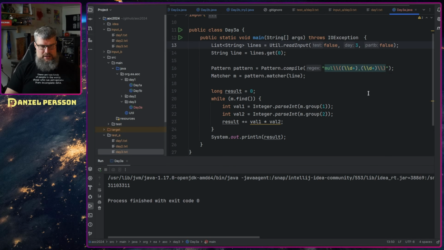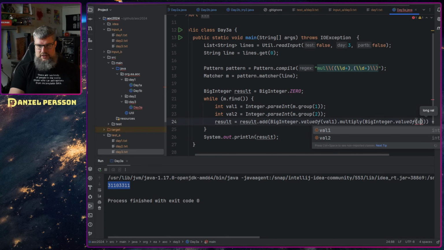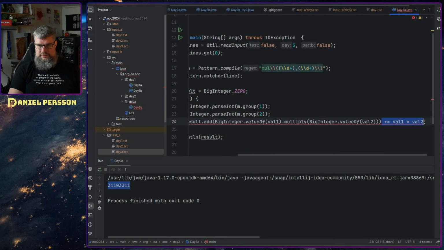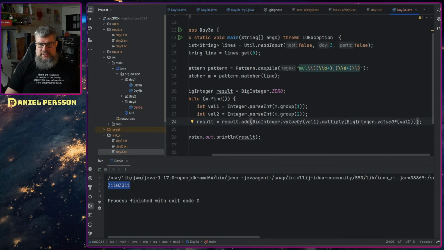Result equals result add, and then we have BigInteger valueOf val1 multiplied by BigInteger valueOf val2. So let's hope that this will give us a different answer. No, it gave us the same answer, and that was too low.